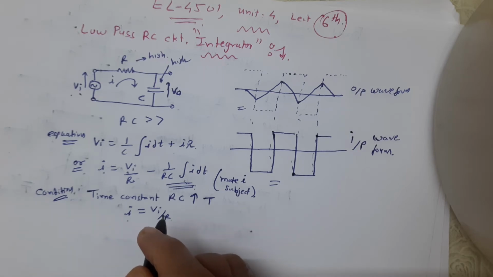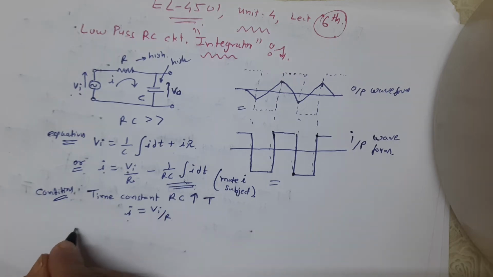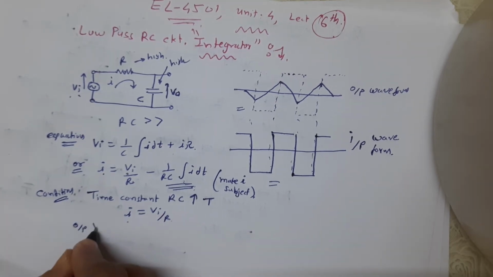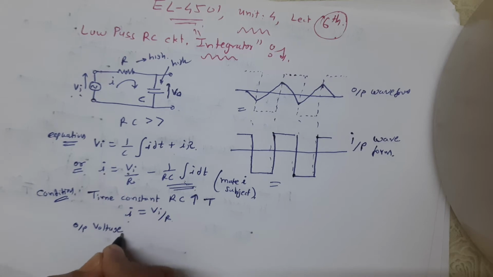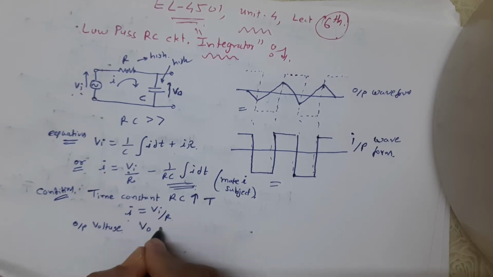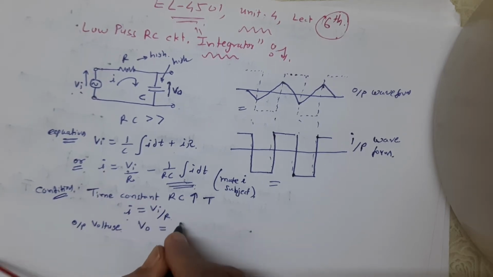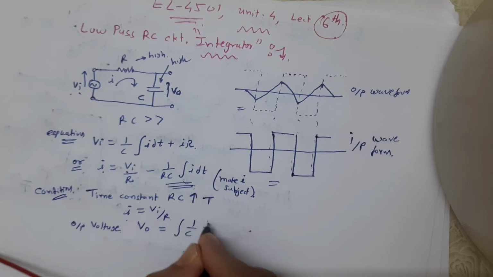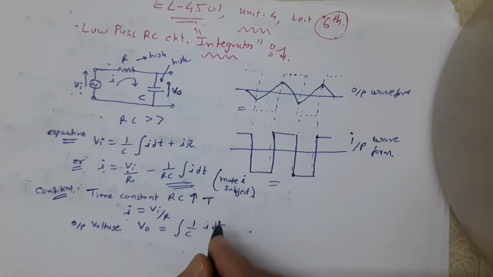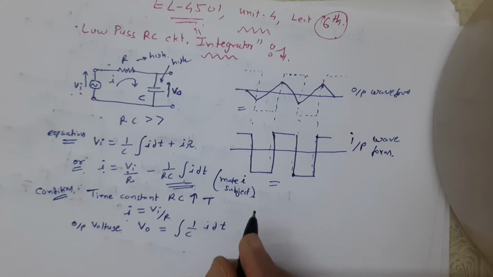Since the output of this circuit is taken across the capacitor, the output voltage across the capacitor VO is equal to integration of 1 upon C I dt with respect to time.